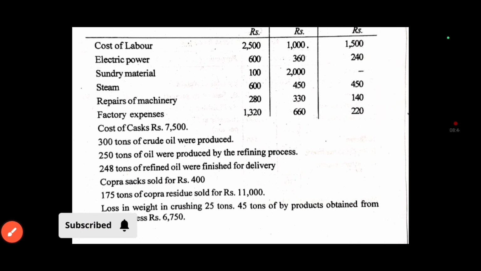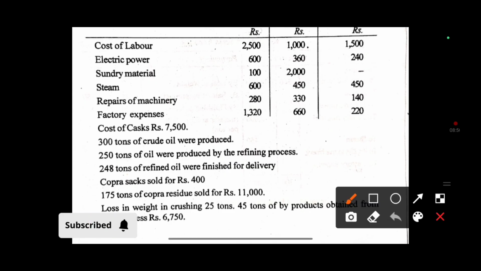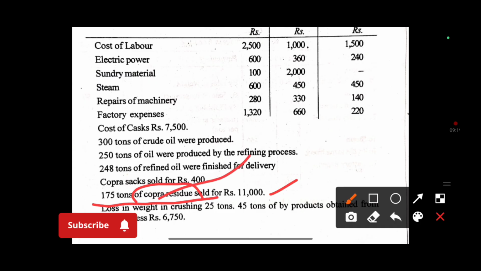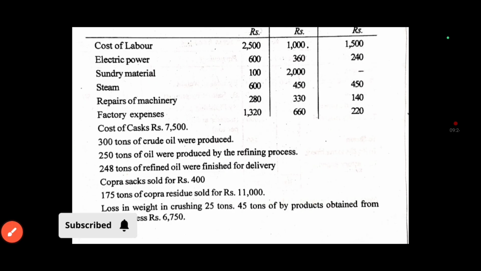Let's come to the question. Look at the question here. 175 tons of copra residue sold for 11,000 rupees. Look at this point. This is copra residue sold. Which word is the clue here? Copra. Now we are preparing the copra crushing process account, so this copra belongs to the copra crushing process account. Then copra residue sold for 11,000 rupees.